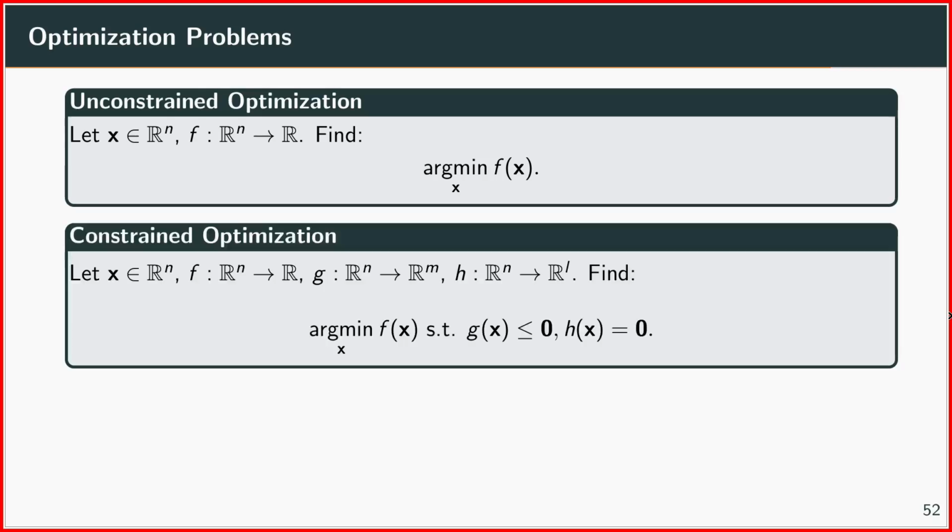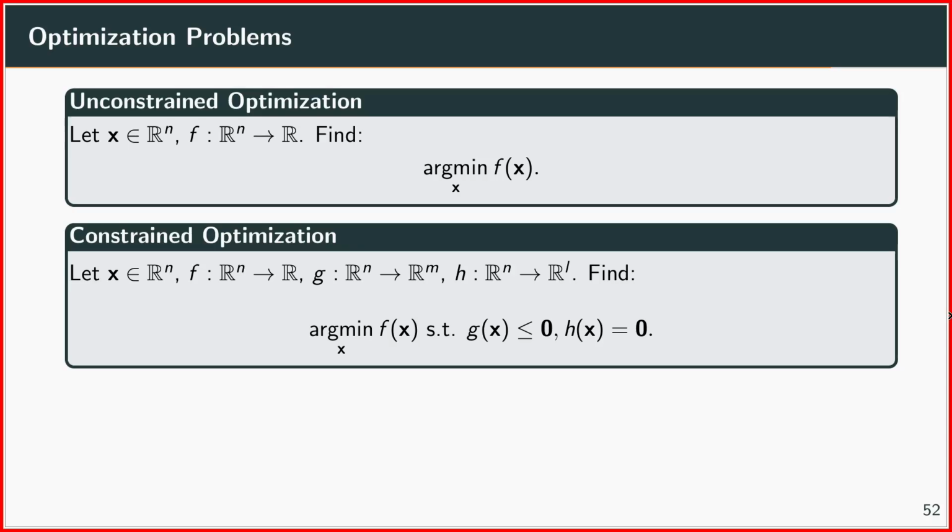Usually this is not super useful, because often you have a lot of different constraints on your configuration space, and so something which we actually are interested in is constrained optimization. This is basically the same as unconstrained optimization, but we have two additional functions. One is g and one is h, and g encapsulates all inequality constraints, and h encapsulates all equality constraints.